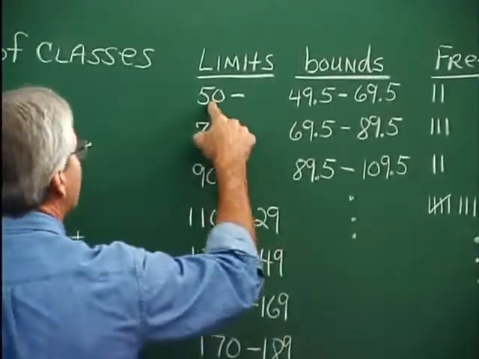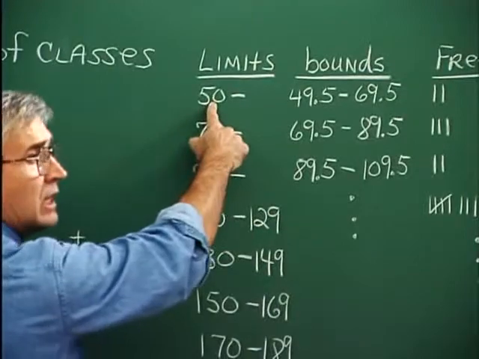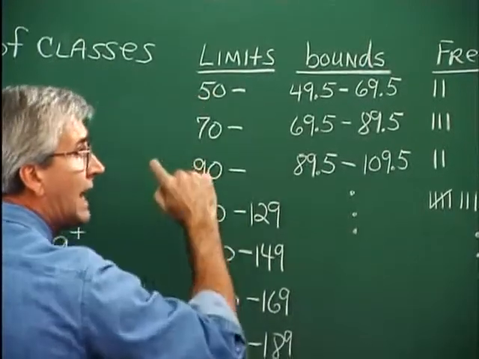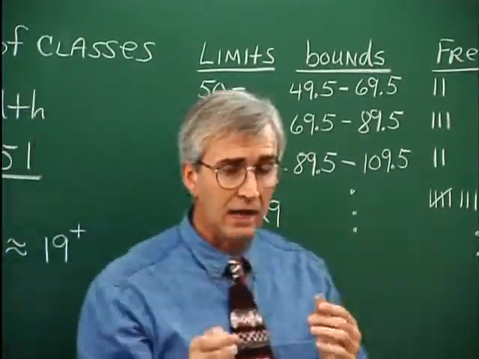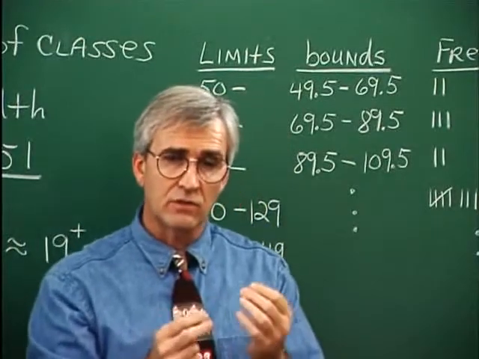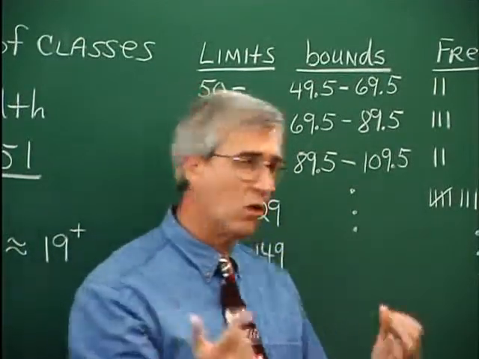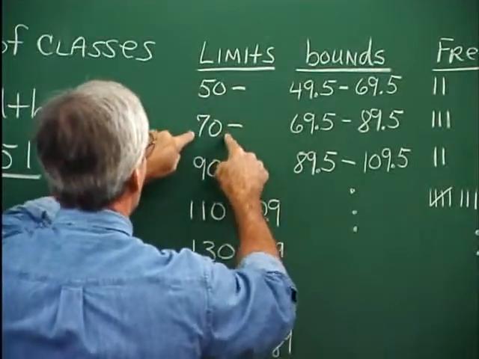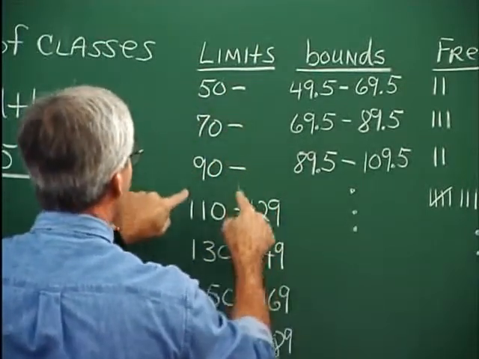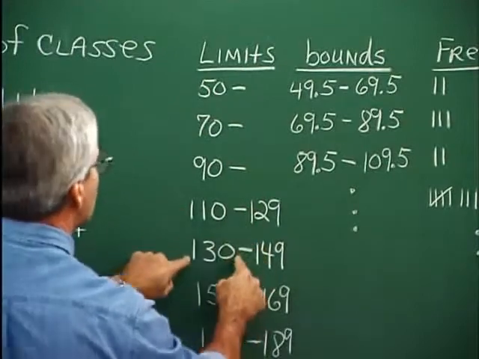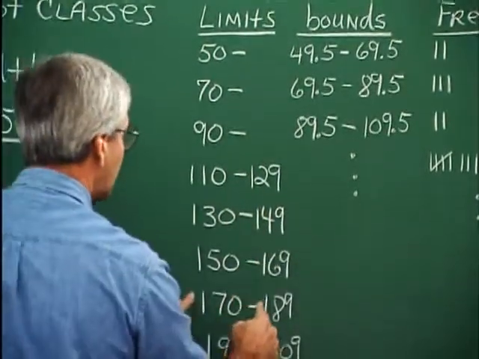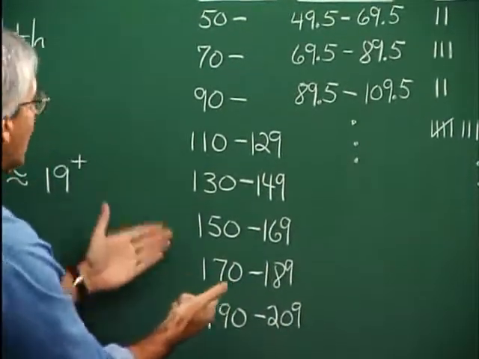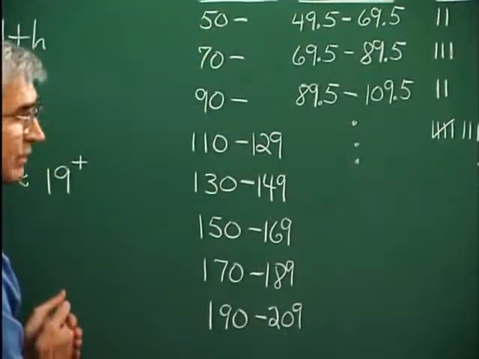So we're going 50, and we said the class width is 20, and class width is calculated as the difference in successive lower limits. So the next lower limit after 50 would be 70, and the next lower limit would be 90, the next lower limit 110, and 20 is 130, and 20 is 150, and so on, all the way until we have 8 classifications.